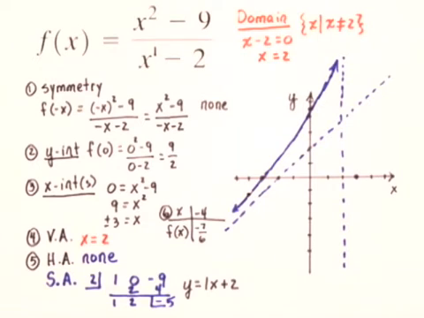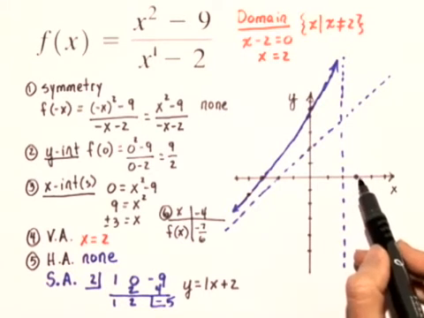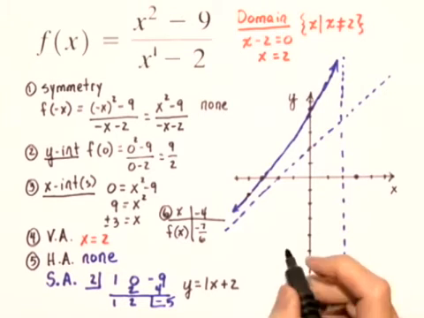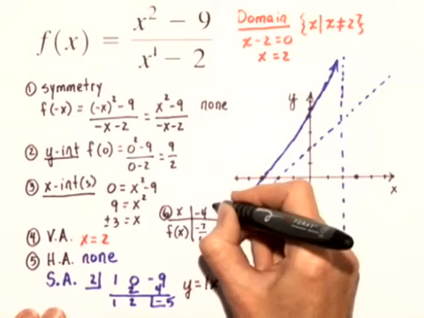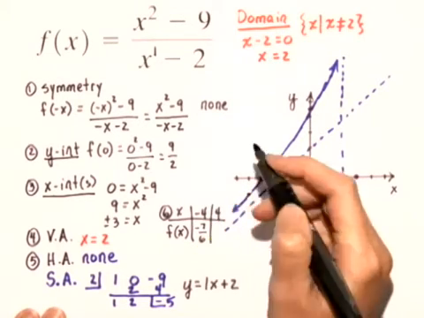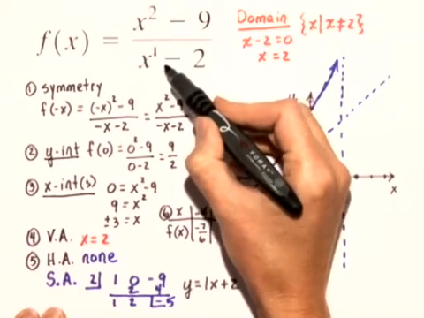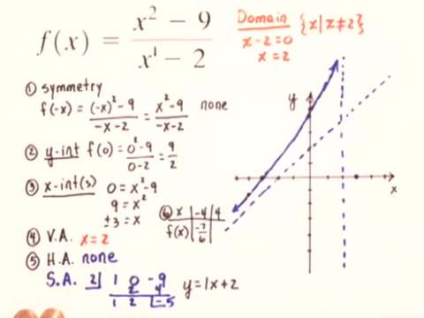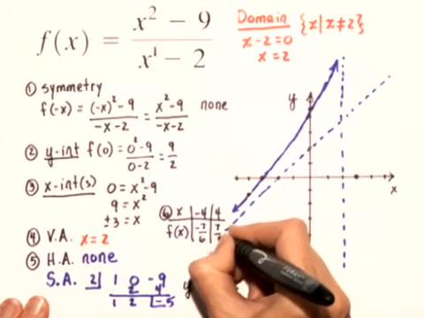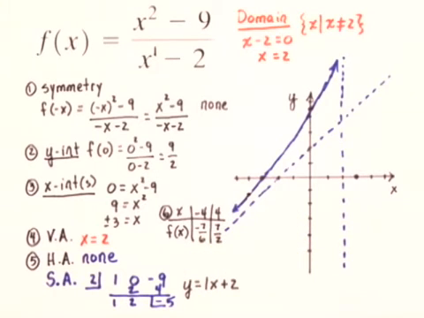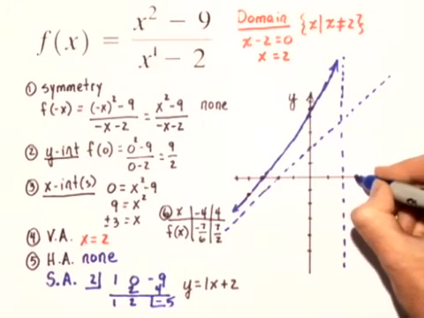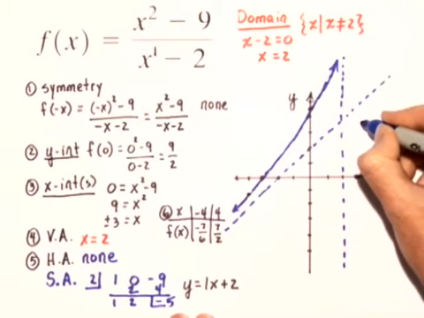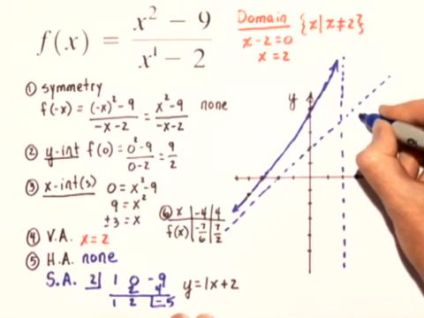Now, we also can pick one value to the right of 3, our x-intercept. Let's pick positive 4. If I substitute in positive 4 in my original function, I'll come out with the value 7/2. And we can plot 4, 7/2, which is right about right here.